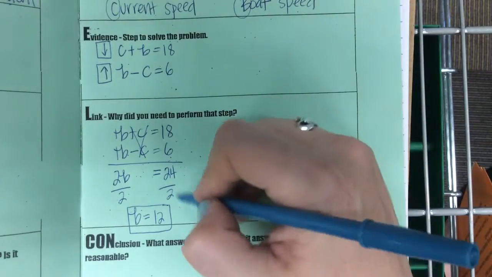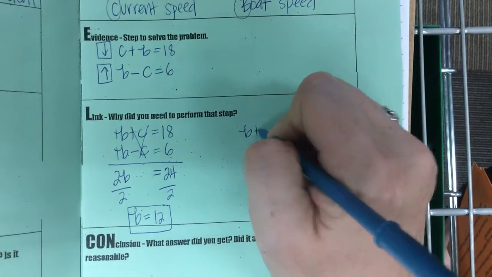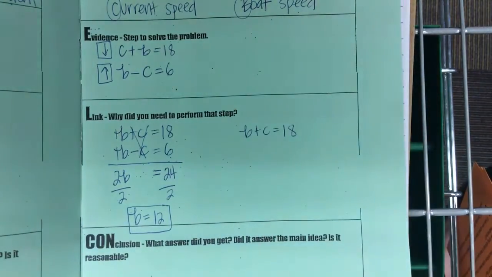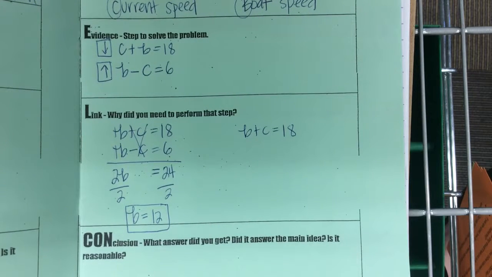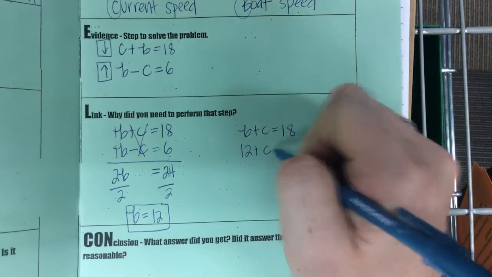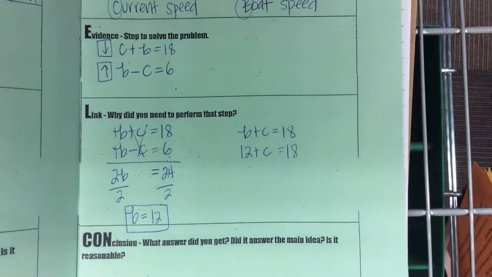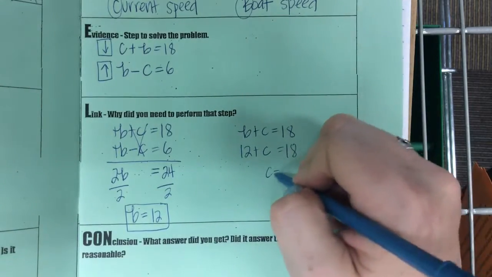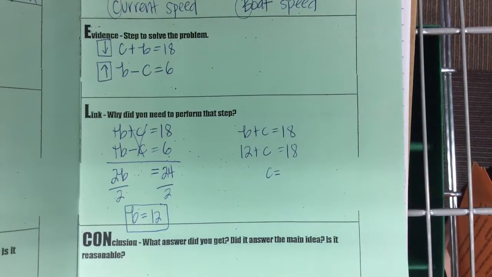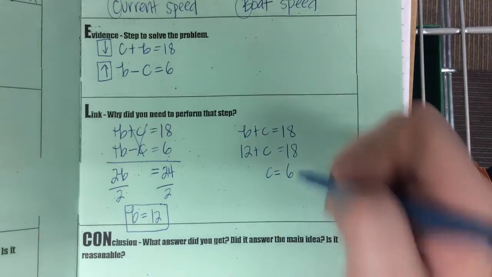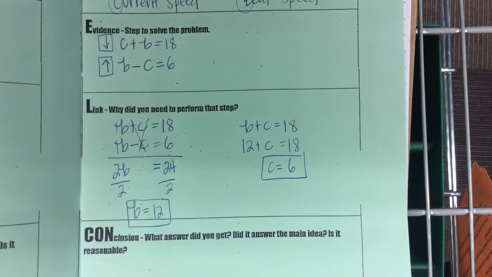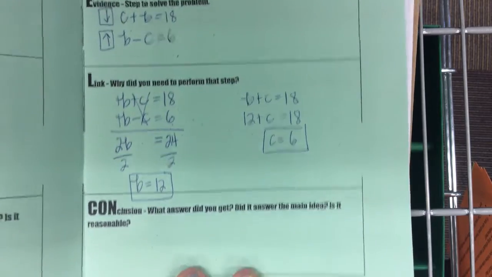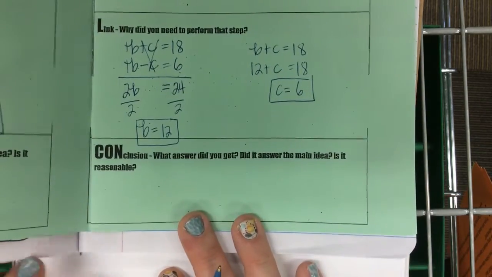Halfway done. Okay, so I'm going to put it into the one without any minuses because I don't want to deal with negatives. The boat plus the current equals 18. So 12 plus the current equals 18. The current is 6. Last step is to write our answers with our labels and all that good stuff. So what does B equals 12 mean?